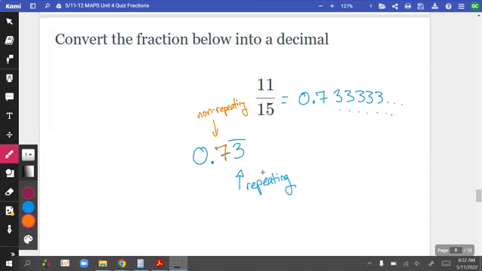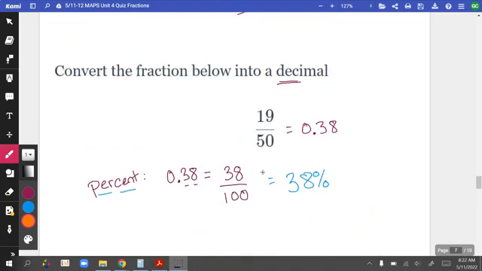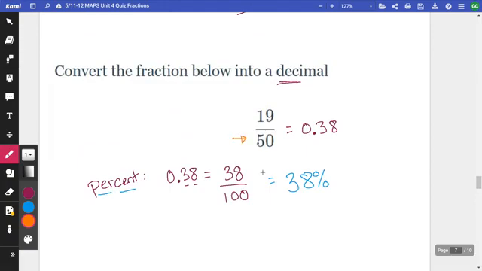You might wonder, why do we have repeating in some of them where we don't have repeating in all of our decimals? Because in this decimal, we didn't have any repeating. And the reason that we have no repeating in this denominator of 50 is because if we think about 50, the only things that are factors of 50 are 2, 5, and 5.